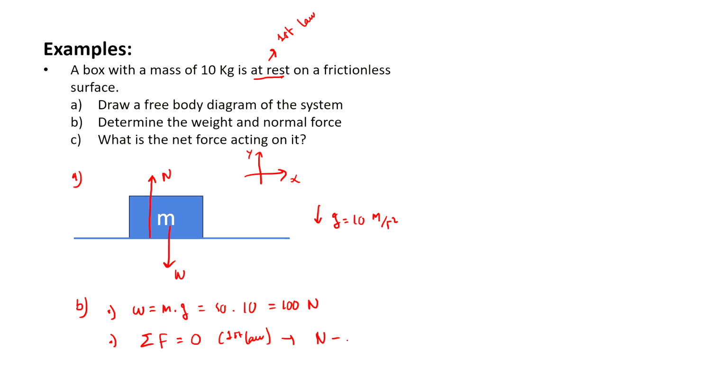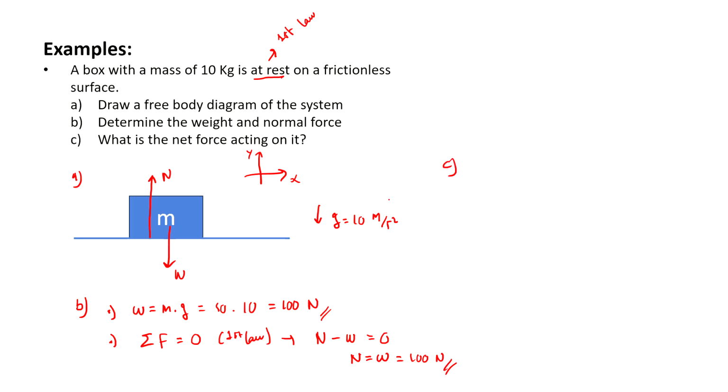Because N is directed upward, it's positive. Then W is negative because it's downward. So sigma F is N minus W equals 0. So N equals W, which has a value of 100 Newton. So we have the same value for the normal force and weight force in this case. Maybe in other cases we will have a different value.